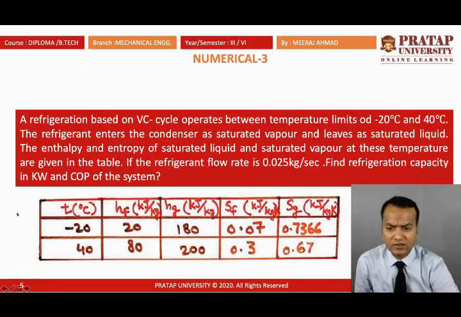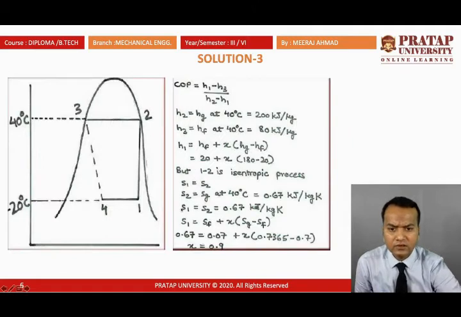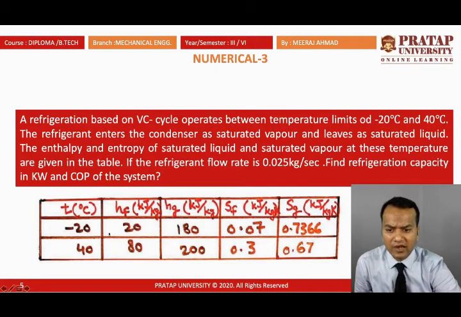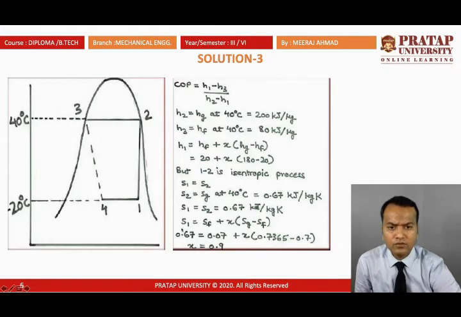You get from the table HF at minus 20 degrees Celsius is 20 kilojoule per kg, plus X times bracket 180 minus 20. This is the Hg value at minus 20 degrees Celsius and this is the HF value, the difference being latent heat. So, the value of X is not given, so you first find the value of X, then you put the value of X in here.